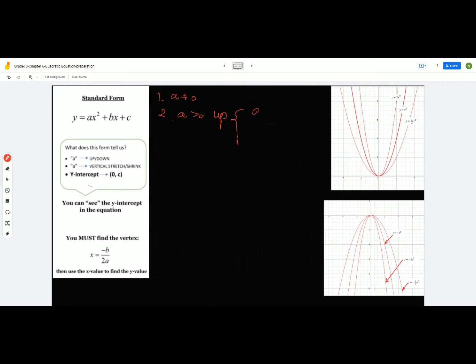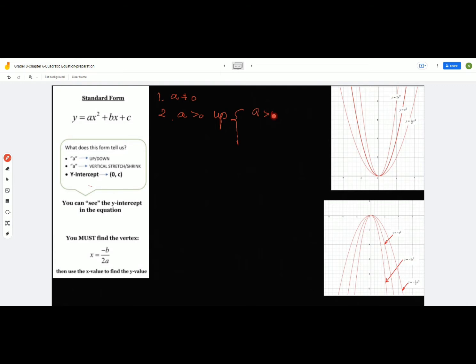If a is greater than 1, like y equals 2x squared where a equals 2, the parabola is narrowed down compared to y equals x squared. It is vertically stretched by a factor of 2.